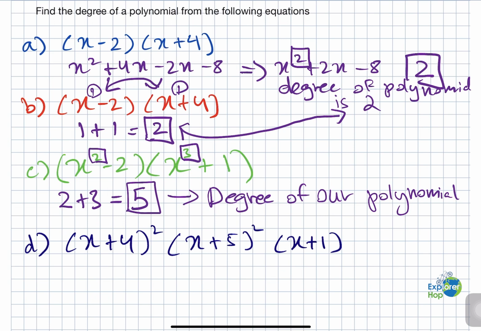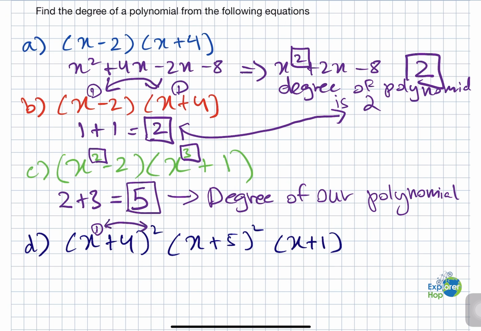Part D looks long and complicated, but we have a really easy method to solve this. So when we have x plus 4 whole squared, whenever we have a bracket outside, that means we look at the highest power inside of a term, which is 1 here, and we multiply that with the power outside in the brackets.